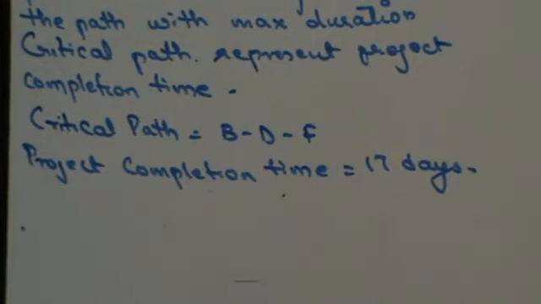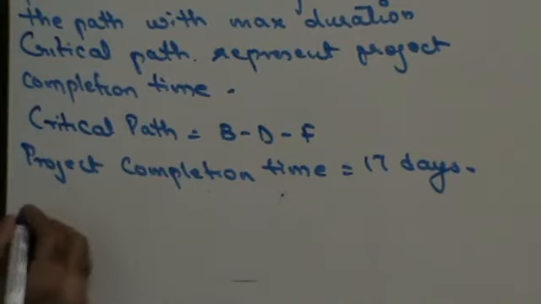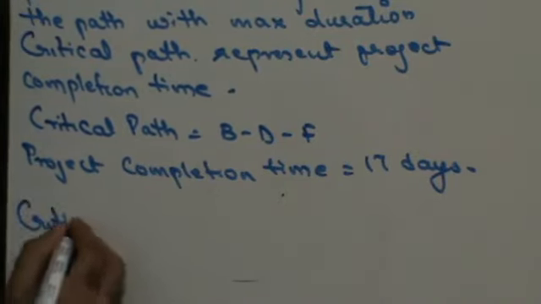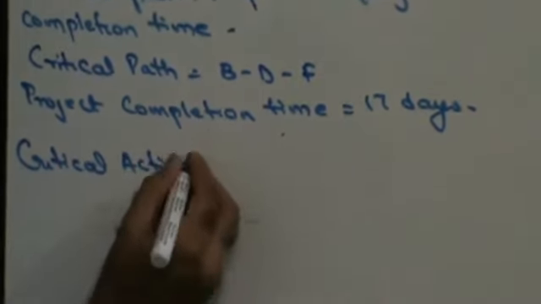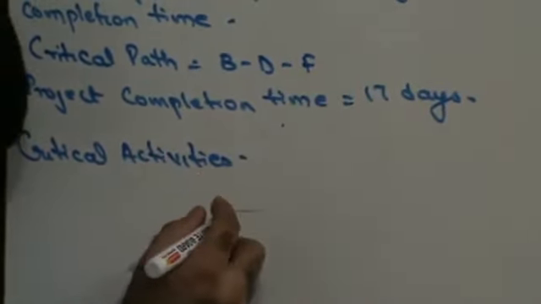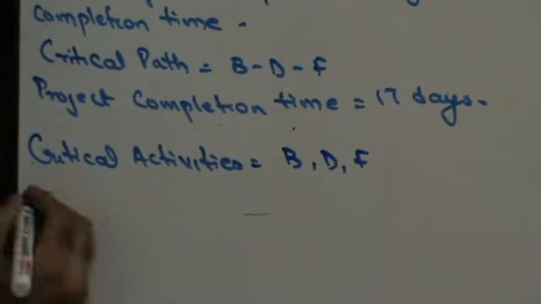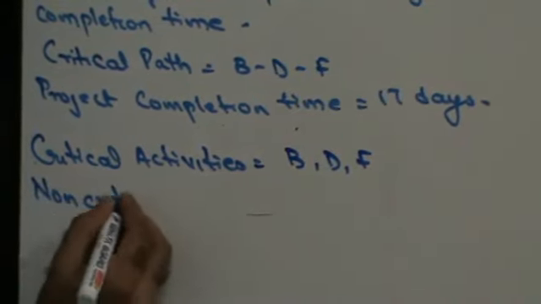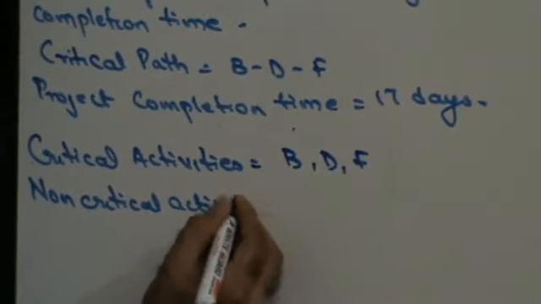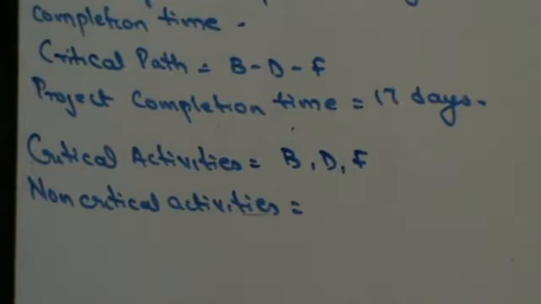First they ask you to draw the diagram, next to find the critical path, and then to identify the critical and non-critical activities. What are critical activities? The activities that are a part of the critical path are the critical activities. So my critical activities are B, D and F. And my non-critical activities are A, C, E and X1.